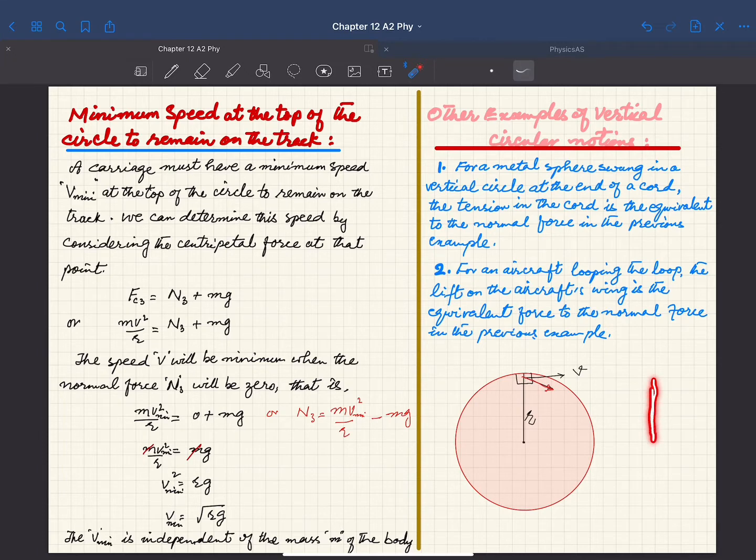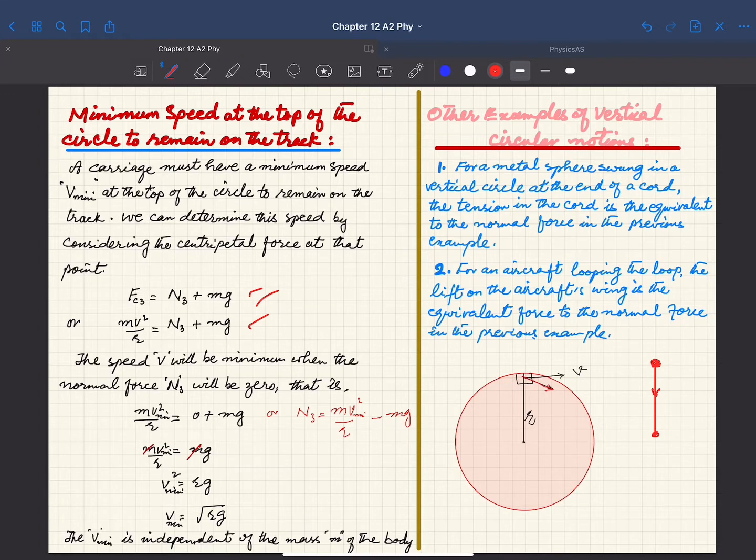At the end of the cord you have a body, and you are just rotating this body, then this will be a vertical circle, and in this case the tension in the cord will give you the centripetal force. The weight is downward, and of course the tension is also downward. So forces you can determine with the help of the same sort of situation as we have discussed in these cases.